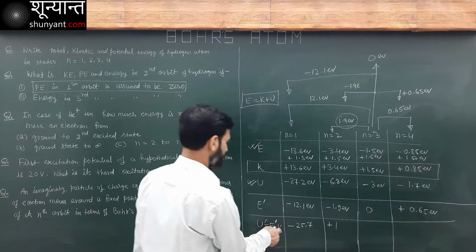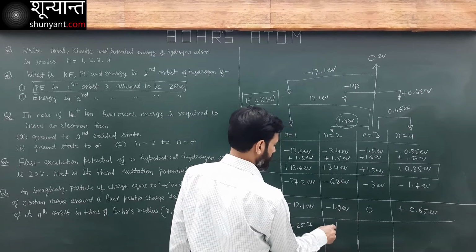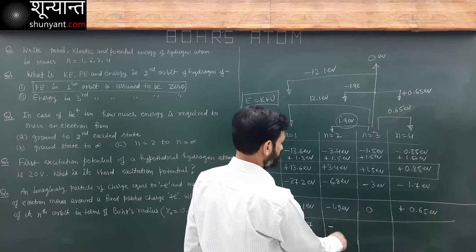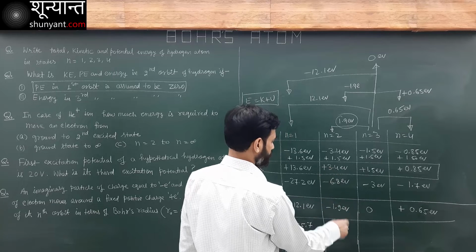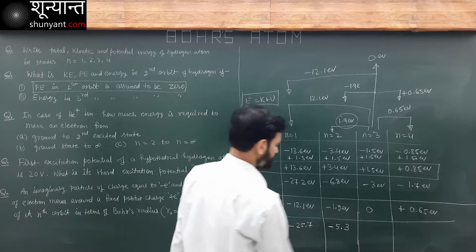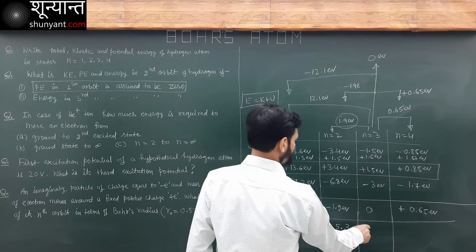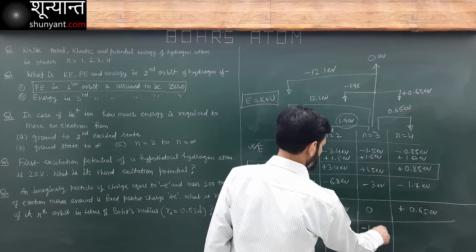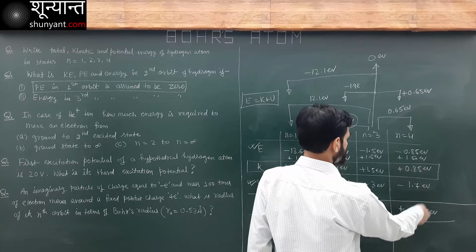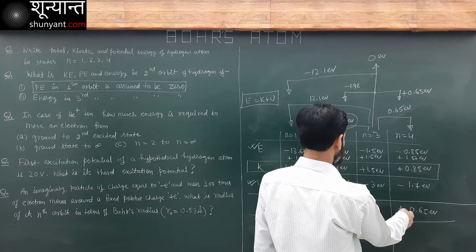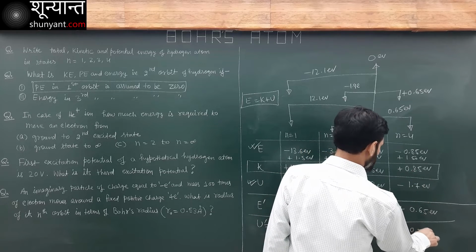No, I have to subtract it. This minus this, so the magnitudes are going to be added. It's like this, minus 5.3. This is 0. This, minus 1.5 electron volt. Here, this minus this, minus 0.2 electron volt.